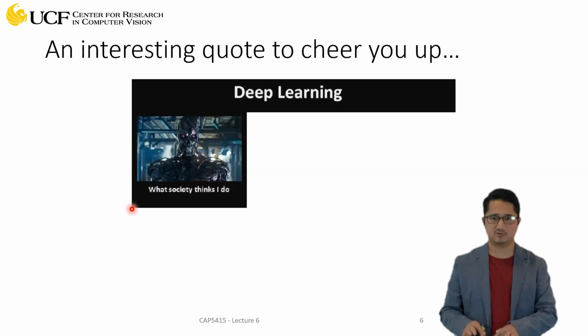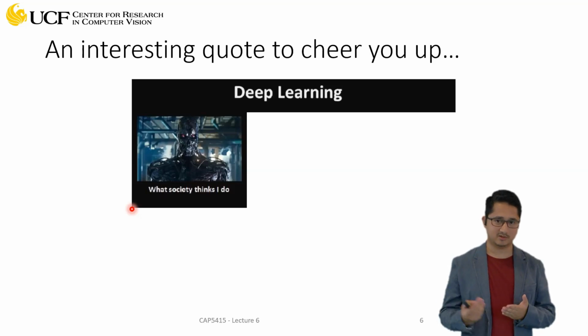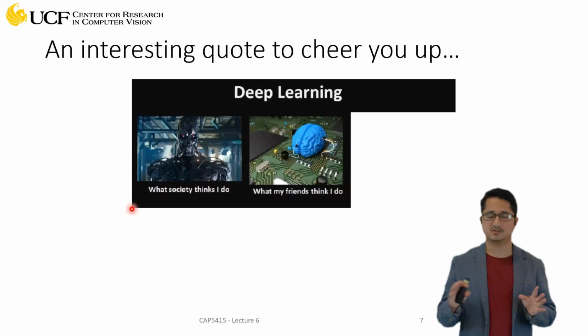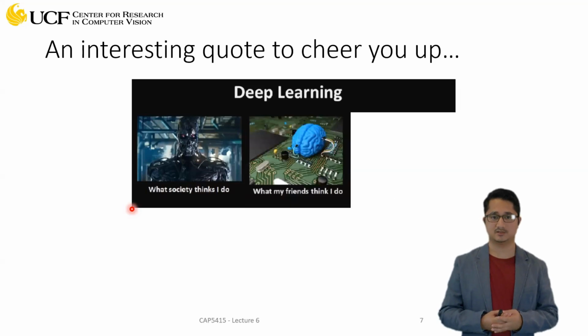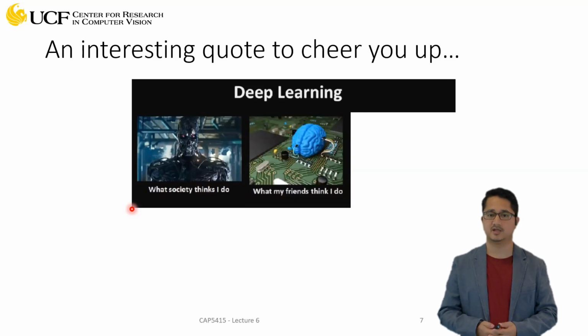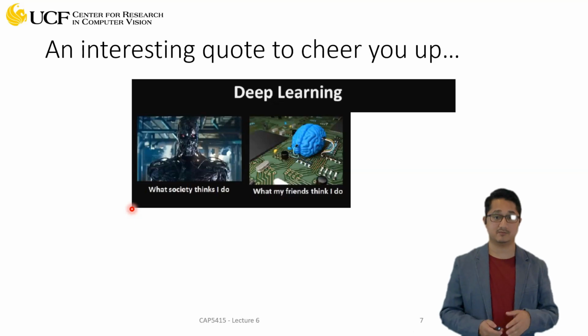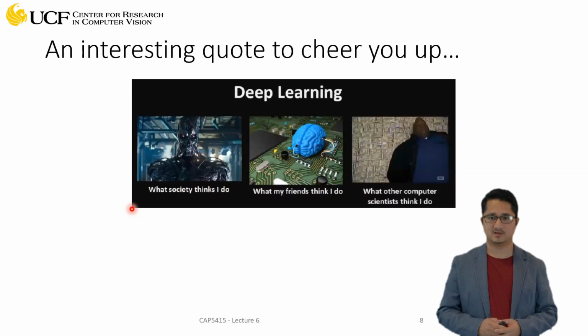These days when you're working on deep learning, it's very fascinating, right? A lot of people, and most fields, are interested in this area, and they're trying to use deep learning in their research. For the general society, it's a very big deal, given the kind of impressive results we have. This is just an interpretation of what different segments of society think when you're working on deep learning.